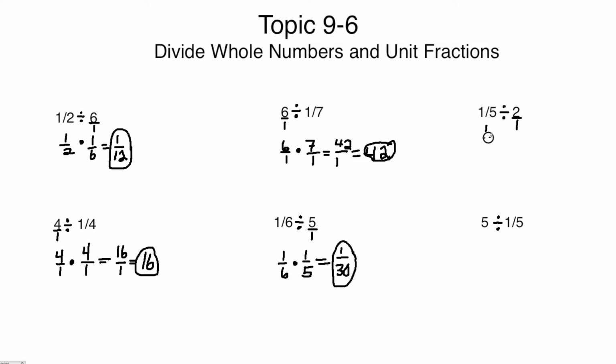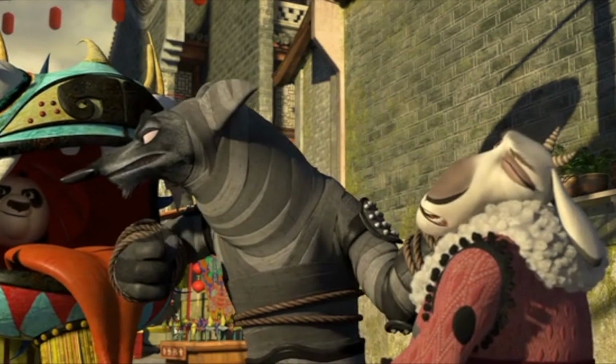So leave the first fraction alone, change division to multiplication, and flip the second fraction. 1 times 1 is 1. 5 times 2 is 10. Did you get 1/10 as an answer? Great job.